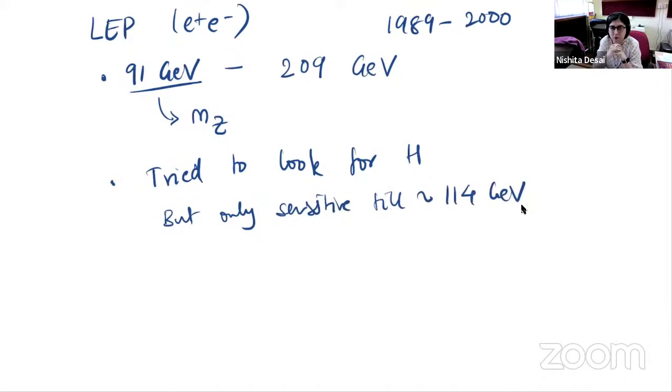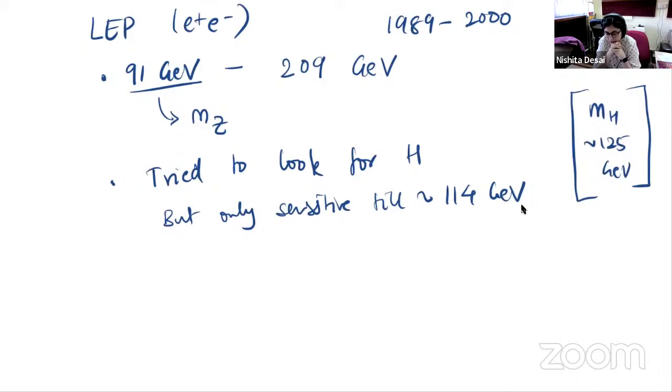That was the most that they could do. And we know now, in hindsight, that the Higgs mass is 125 GeV, so they couldn't find it at that time. But LEP has given us the most precise measurements of the electroweak sector that we have to date, so the results from that experiment are still cutting edge now.